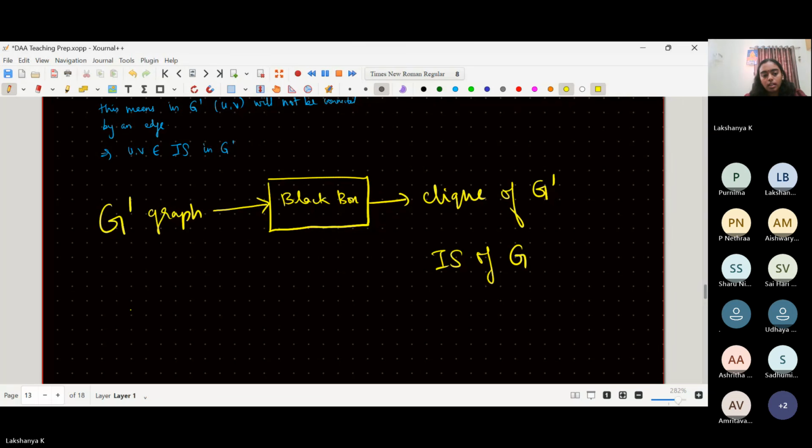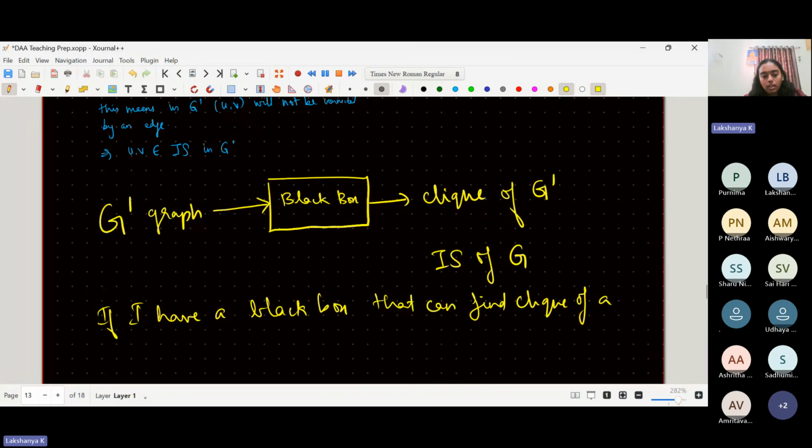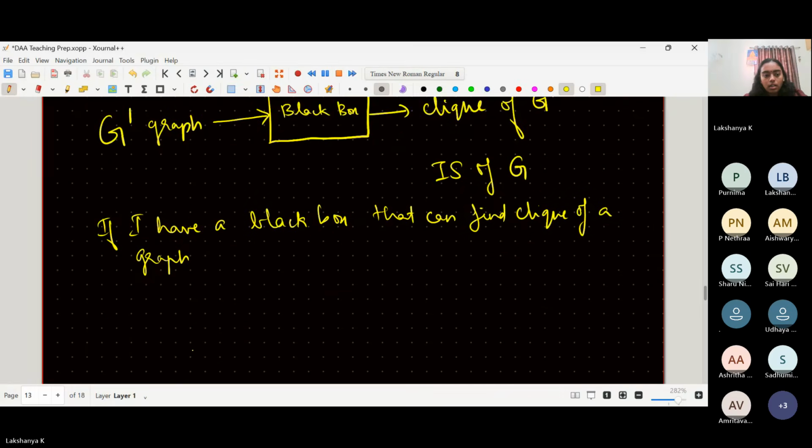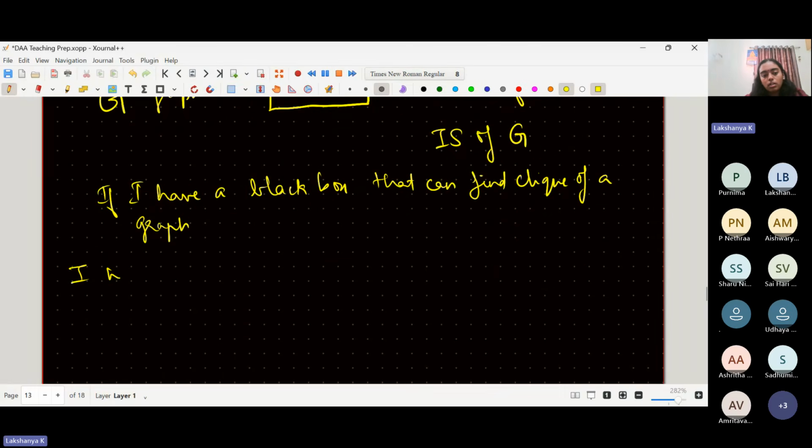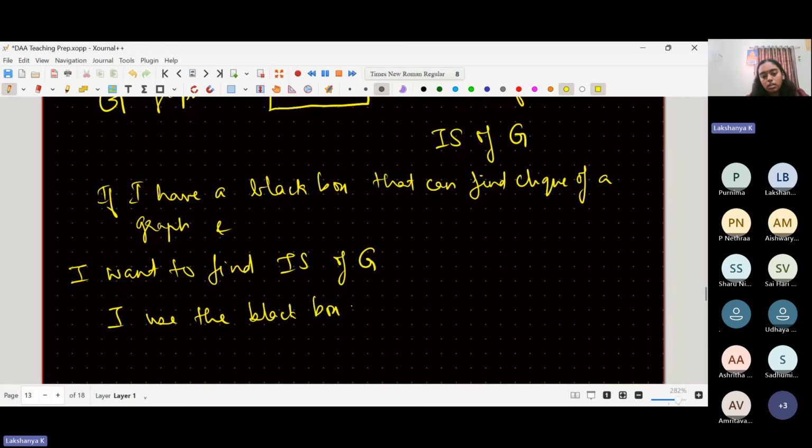So if I have a black box that can find the clique of a graph, and I want to find the independent set of G, I use the black box to find the clique of G dash.